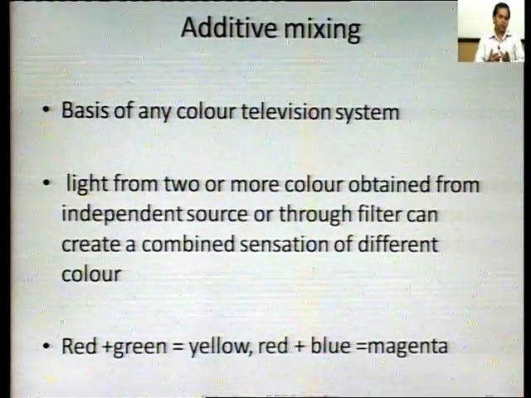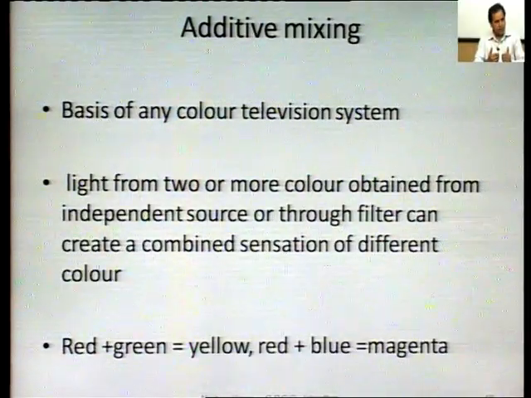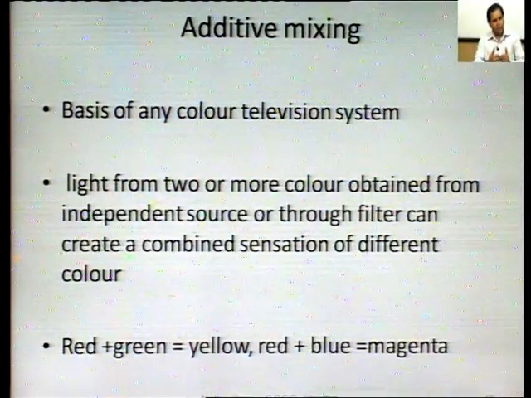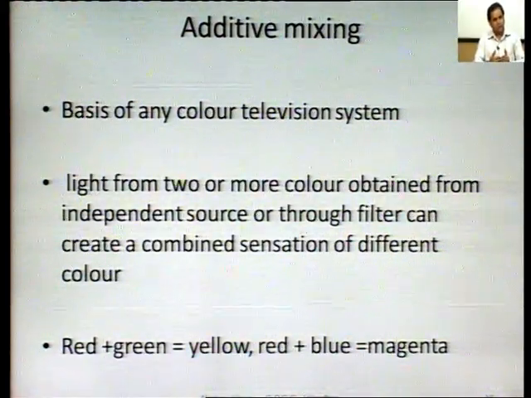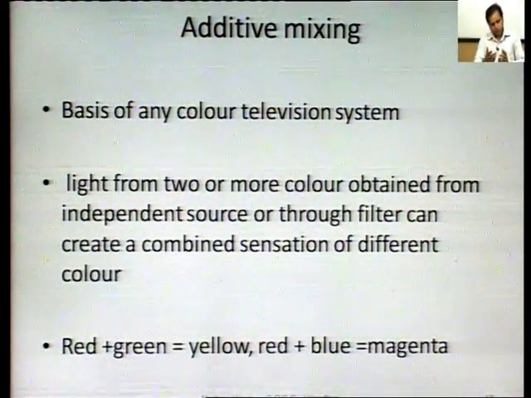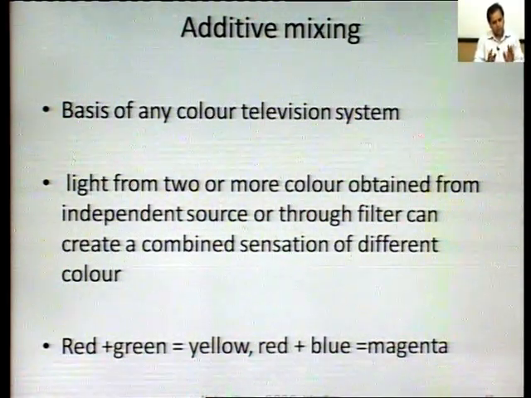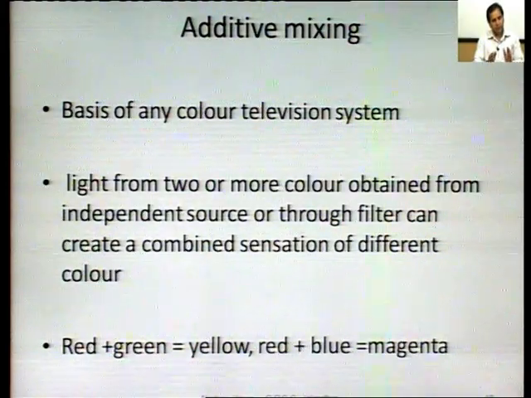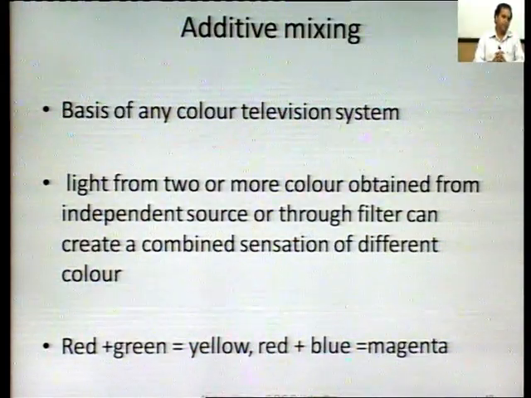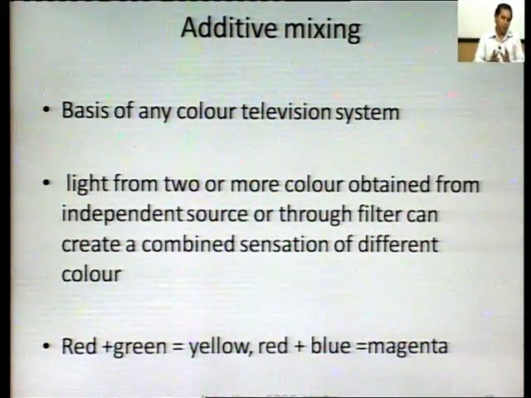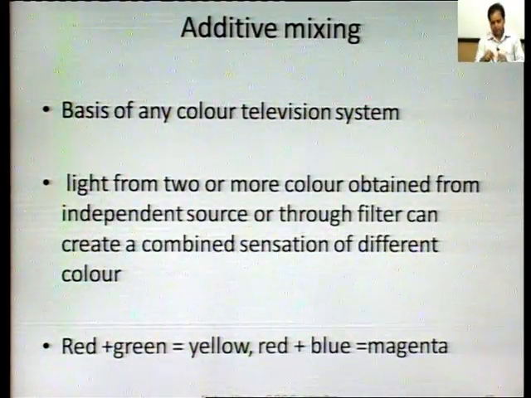This is how colors are formed. There are three primary colors, red, green and blue, and the resultant color depends upon the proportion in which they are mixed. Suppose we have only red and green, and they are mixed in that proportion, then they will give you the yellow color. Similarly, if red and blue are mixed, we will see the resultant color as magenta.